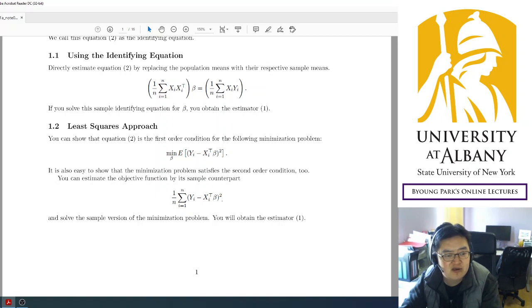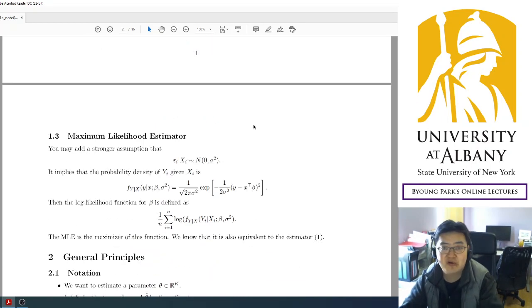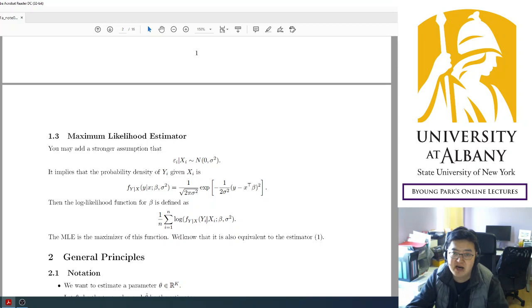And the third possible approach is using the maximum likelihood estimator. Additionally, if you assume that the epsilon is normally distributed, then you can calculate the likelihood function this way, and maximize the log likelihood function.